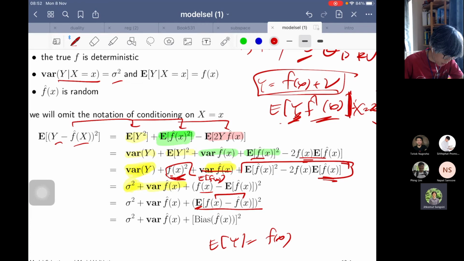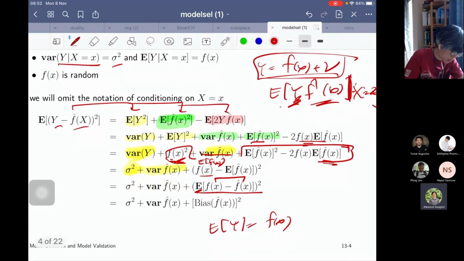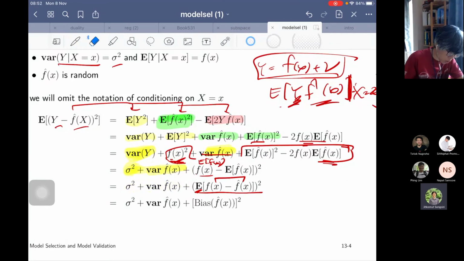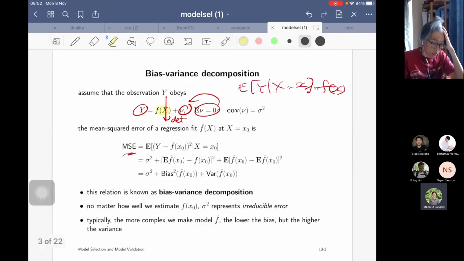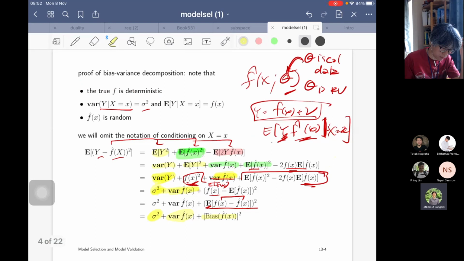All right. And that is how you can show that it is the irreducible error, which is the noise variance. Then there is the variance of f hat, and the last one is the bias of f hat squared. Okay, so that's how you show the bias variance decomposition.